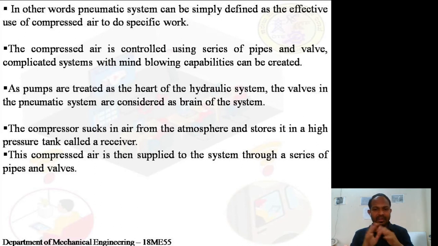The receiver takes from the compressor, yes, give me some pressurized air, and it stores it, and whenever other people want it, it just gives it to them. This compressed air is then supplied to the system through a series of pipes and valves. Whenever it is needed, it just supplies it to the system.